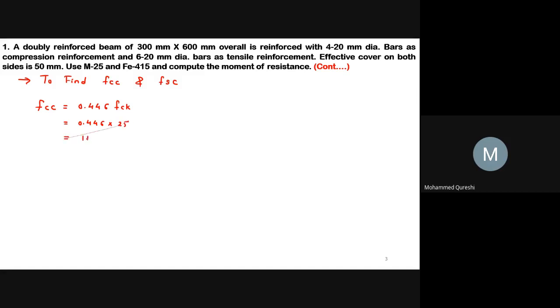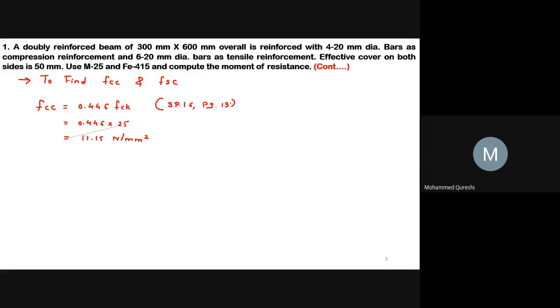So the value of FCC will be equal to 11.15 Newton per mm square. This equation is given in SP16, page number 13.